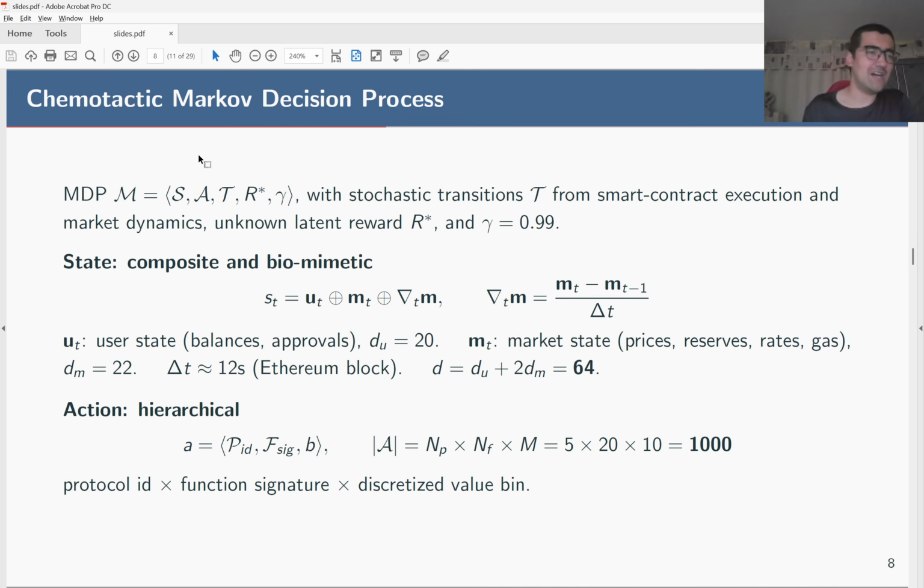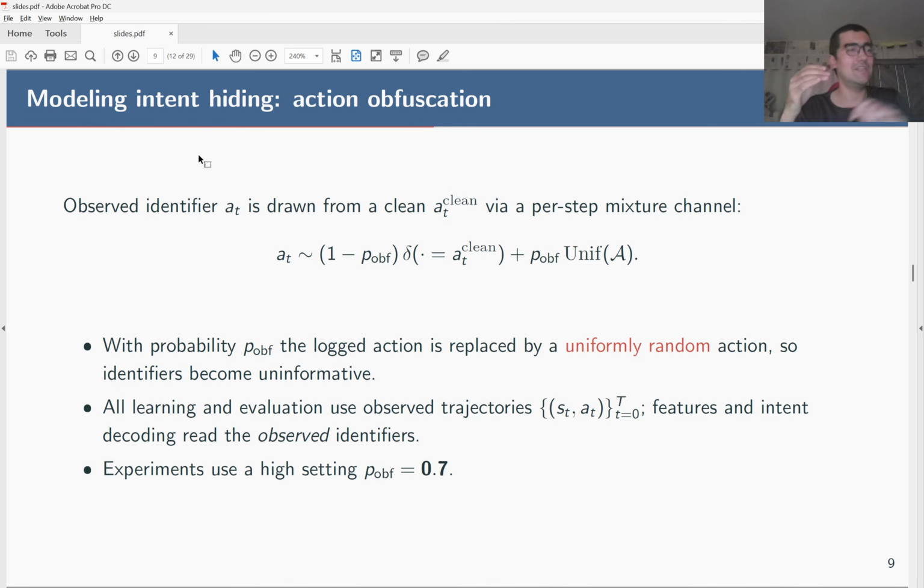Now the most important design choice for our experiments, how we model intent being hidden. This is how we hide intent in a controlled way. The action we observe, a_t, is drawn from a simple mixture: with probability 1 minus p_obf, we see the clean, true action, but with probability p_obf, the logged action is replaced by a uniformly random action from the whole space.